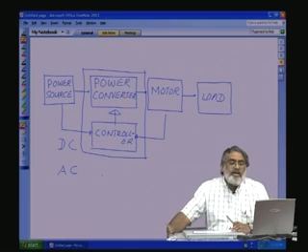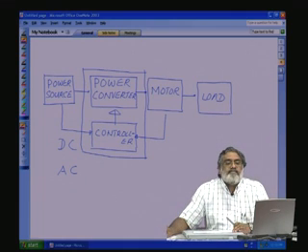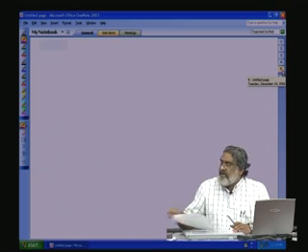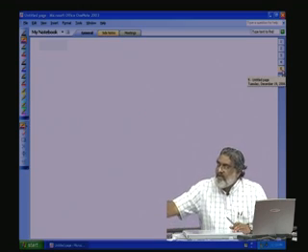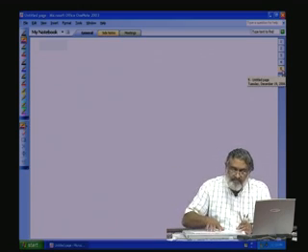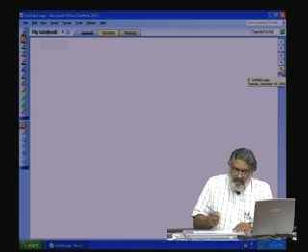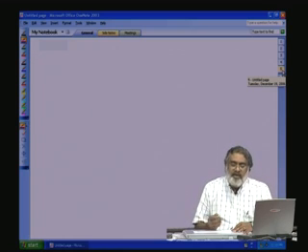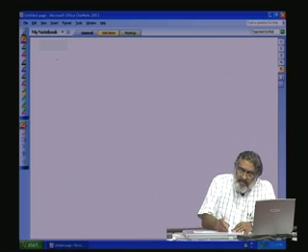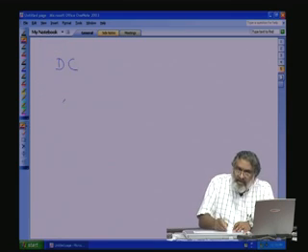We will go to the next page. Depending on the power source available, either battery or mains, the power source can be defined in its basic form as DC or AC.